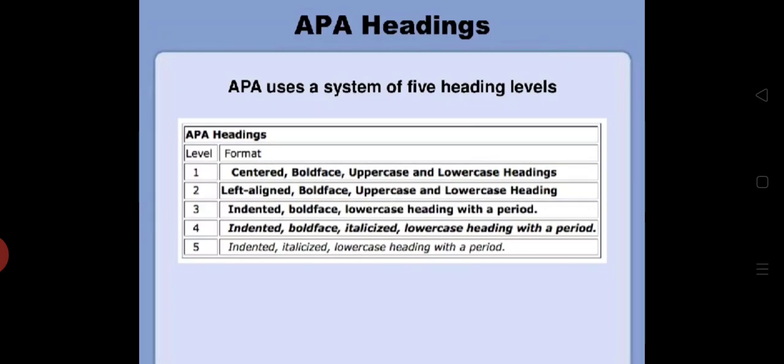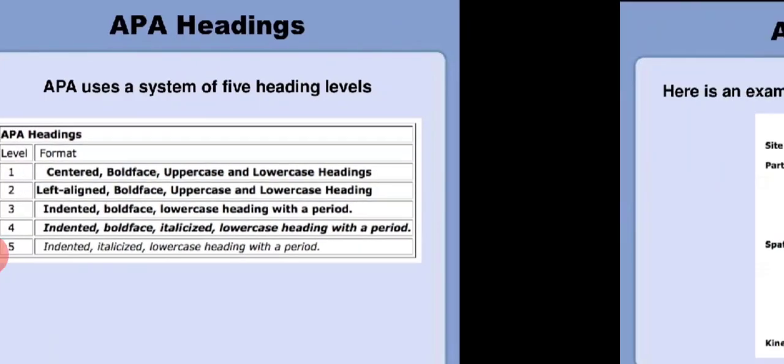And the level 5 heading is indented, italicized, lowercase heading with a period. So these are the 5 levels of headings which are used in APA style.